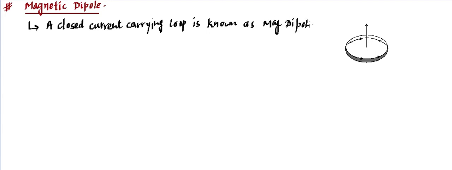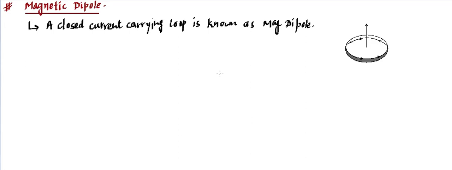Any loop that carries current, so it has to be a closed loop and it should carry current. If it is carrying current and it's a closed loop, that particular arrangement is known as a magnetic dipole.